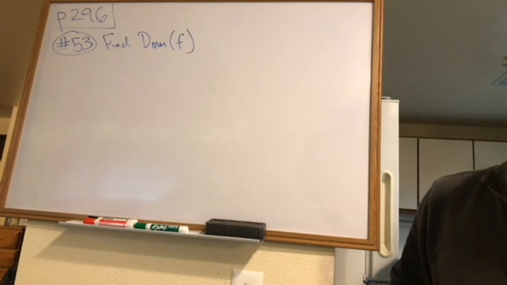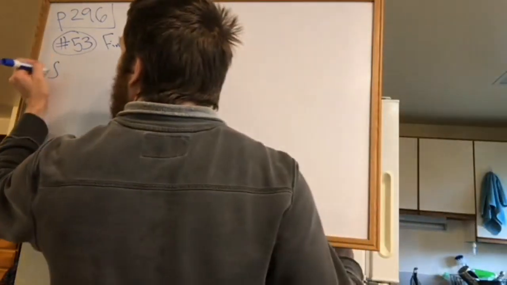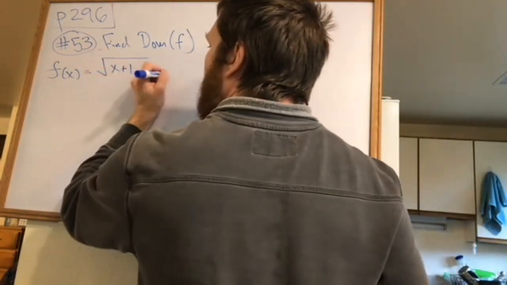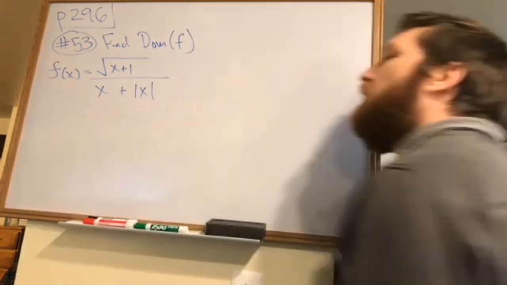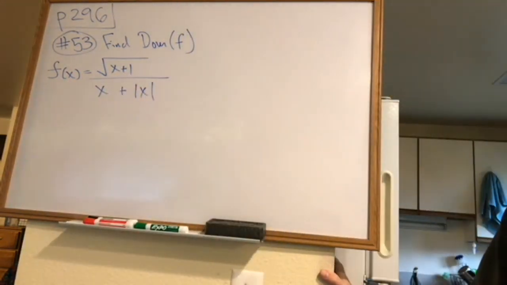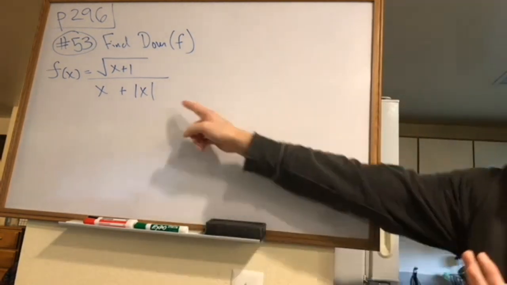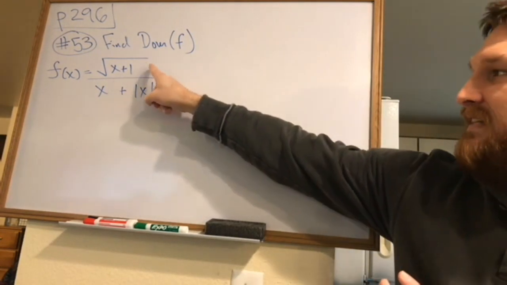So with number 53, it says, find the domain of F where F is equal to the square root of x plus 1 all together over x plus absolute value of x. Yikes. Okay, that one's ugly. Let's wait for the ugly thing first, right? Thinking about domain, what do we have to have for this?